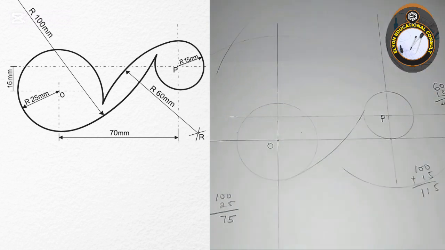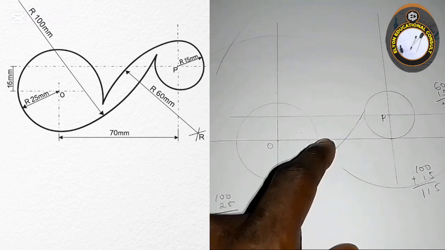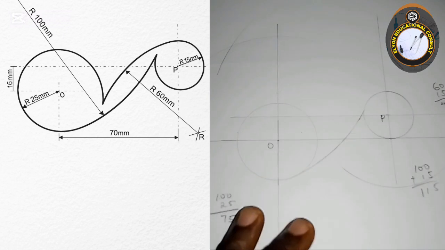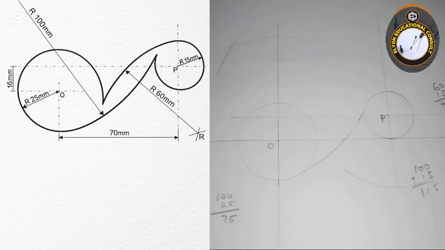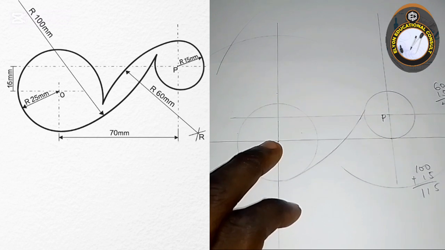So the next thing now is for this other side. You can see that the arc there is leaving the circle, so I'll try to bring them together. So the arc radius there is 60. I'm going to be adding that arc radius 60 with the radius of this circle, which is 25.